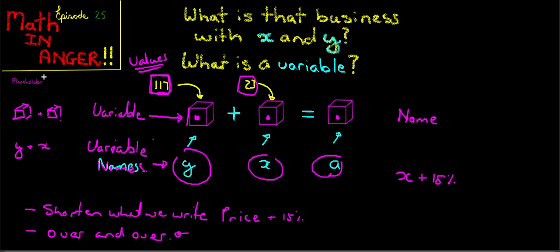A lot of people understand it better when we say it is a placeholder. Now you know what the word variable means, and what this business with X and Y and all the alphabet inside mathematics is. We had to cover this so that I can continue talking about arithmetic, because there are some ideas that you can't explain with numbers. You've got to explain them using variables.